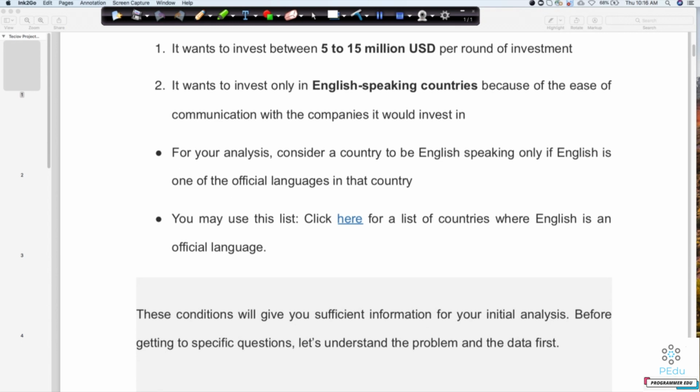For example, in India there are many languages prevailing, but English is one of the official languages, so we would consider India an English speaking country. If you want the list of all English speaking countries, you can click on this link and check which countries are English speaking.